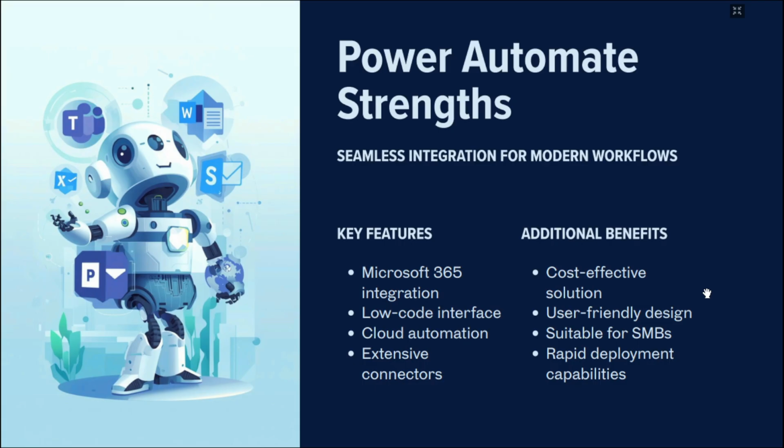Now let's talk about the Power Automate strengths. If we look here, the key features are, as we can see, Microsoft 365 integration. It has the best integration with Office 365, as it's a native Microsoft tool, so it has the best flexibility and integration with all these Microsoft products.